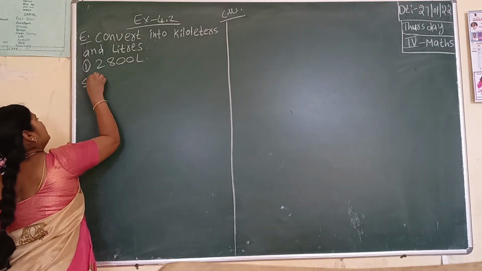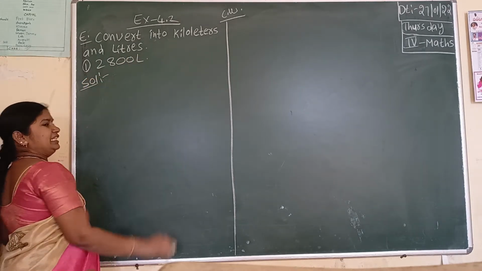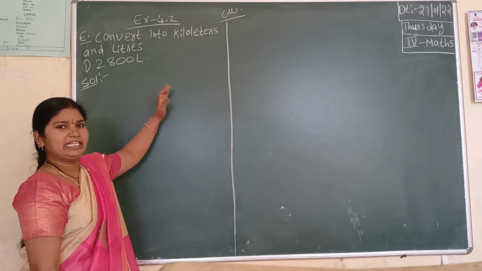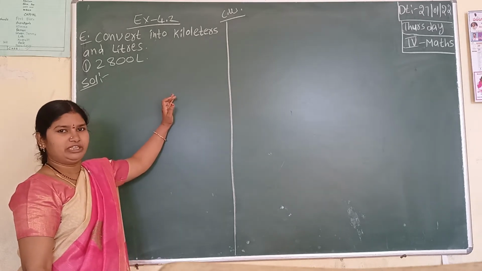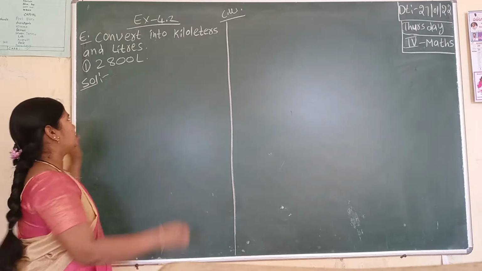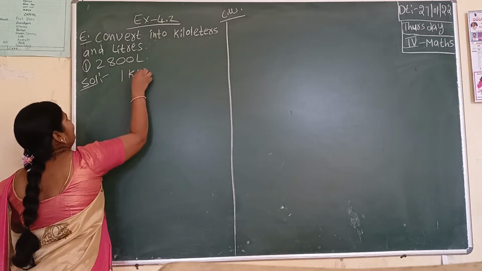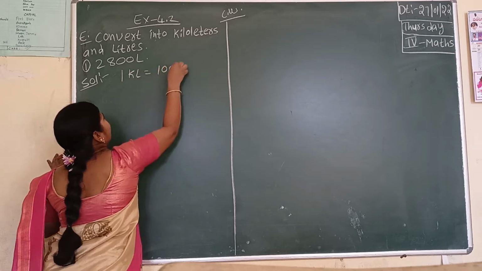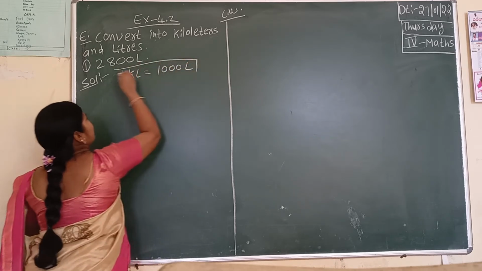2800 liters. For converting liters into kiloliters and liters, we have to do division with 1000. Why? Because 1 kiloliter is equal to 1000 liters.